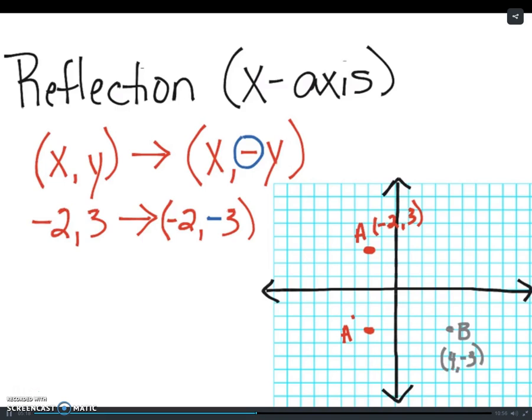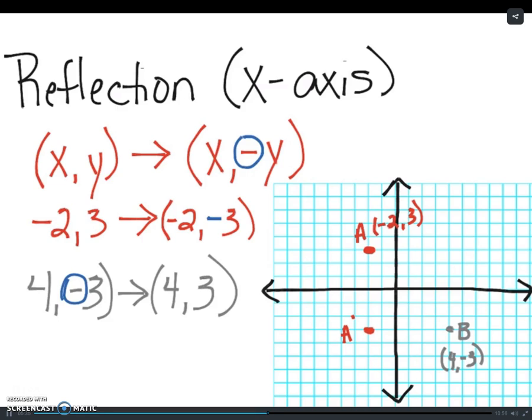So that would be 4, -3 is my original coordinates. And again, I'm going to change this sign here. So I go over here and the 4 stays the same, and I change the sign on the 3. So that means this time the 3 is positive. So this time I would go over 4 and I would go up 3. And this would be B prime. Okay.